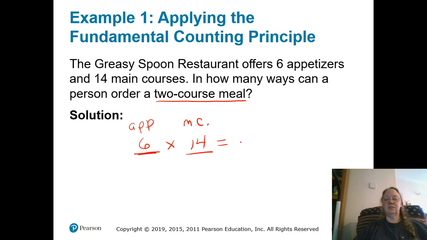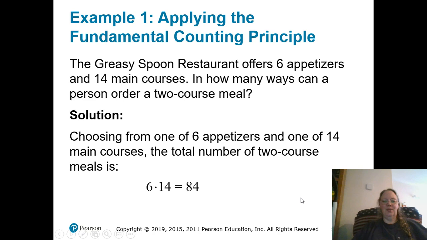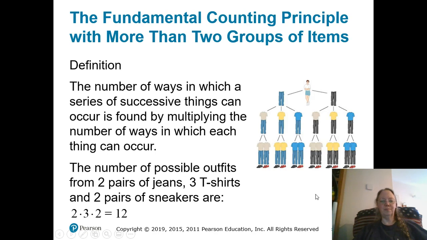Because I am without a calculator at the moment, I am going to do it the lazy way and click next. And we have 84 different 2-course meals. So you take the 6 and the 14 and you multiply them together, you get 84 different meals.